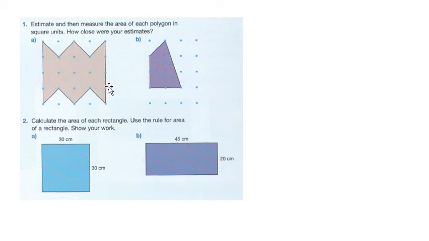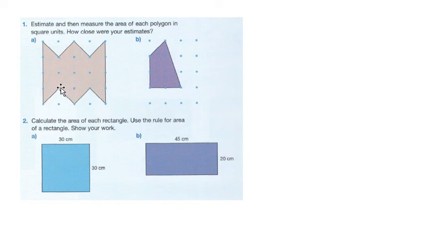If my estimate is 16 squares, then let's see if we can get a little bit closer. Let's start by counting the full squares first. 1, 2, 3, 4, 5, 6, 7, 8. We have 8 full squares. But now I can take the half squares. Here is 1 half square and another half square, that's 1. Here's 1 half square and another half square, that's 2.